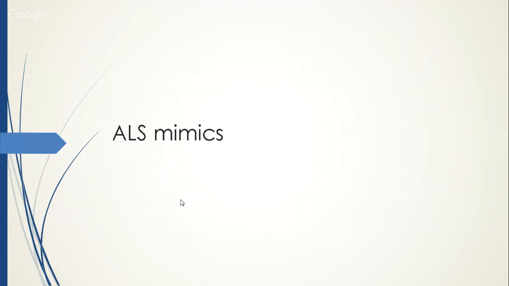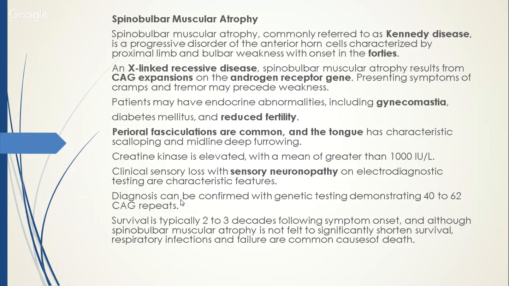Other ALS mimics: spinal bulbar muscular atrophy, also known as Kennedy disease, is an X-linked recessive disease, mostly involving a gene called CAG, which affects the androgen receptor gene. Since it affects the androgen receptor, you'll find these patients developing gynecomastia, reduced fertility, and other endocrine diseases such as diabetes mellitus.